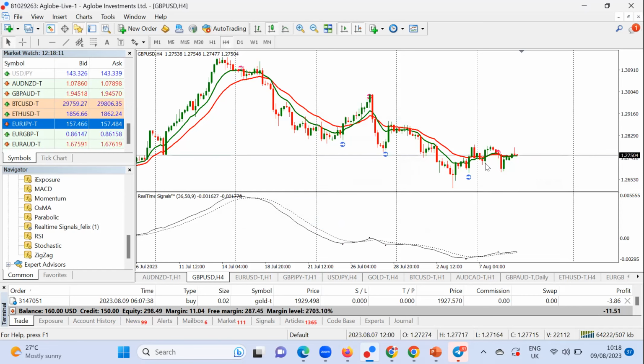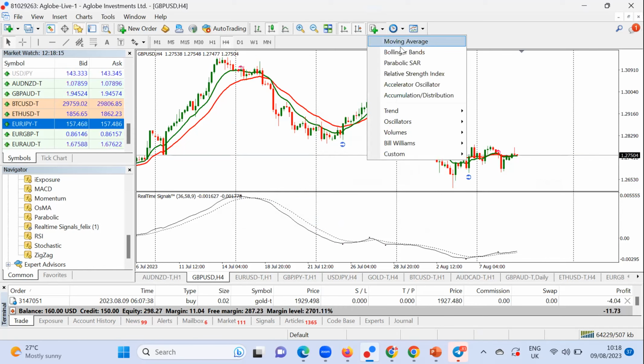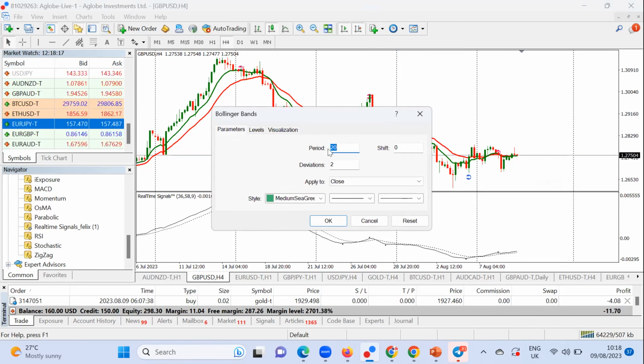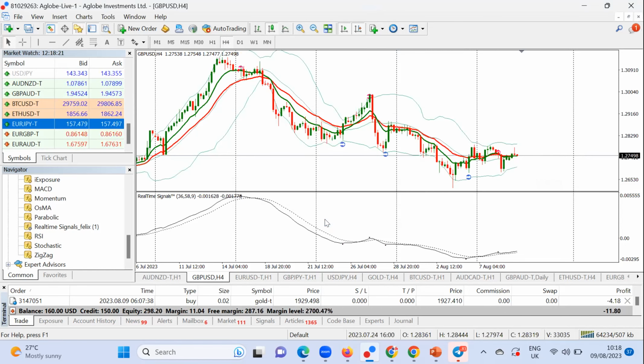So let's add the Bollinger. Let's check 20. 20 should be okay. We may see a good opportunity to buy. So you see, one thing is that he gave a buy opportunity, right? And the distance was not too bogus.